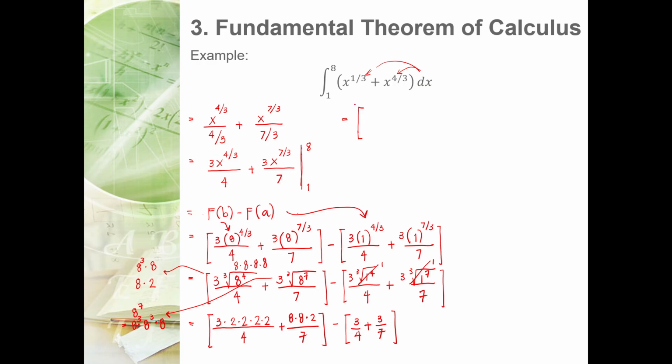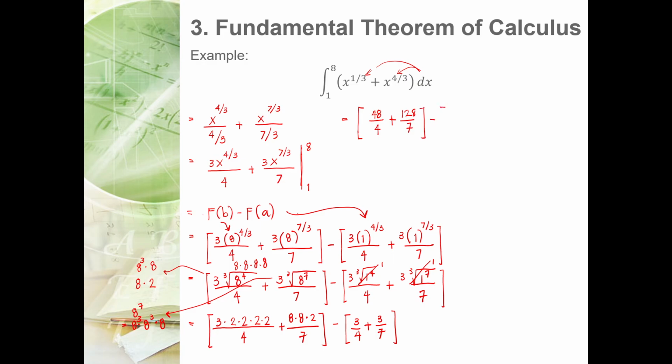Sakto ba? So 16 times 3 is 48 all over 4. And then plus, so 64 times 2, that's 128 all over 7.